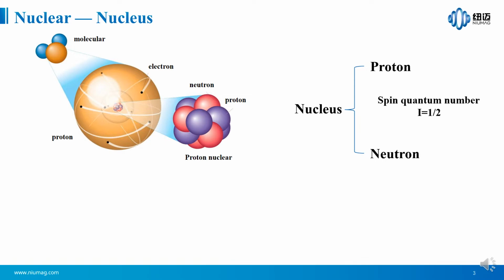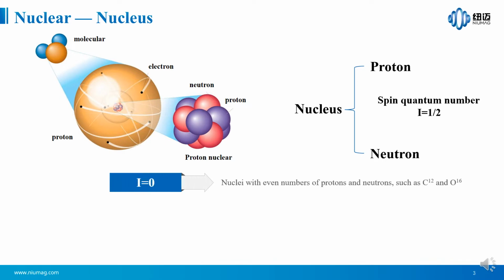According to the value of the spin quantum number, we can divide nuclei into three types. The first is the nuclei with spin quantum number I equal to 0, which have an even number of neutrons and protons, such as carbon 12, oxygen 16.